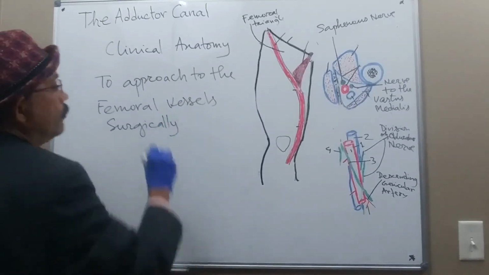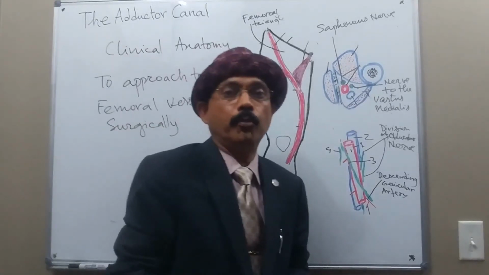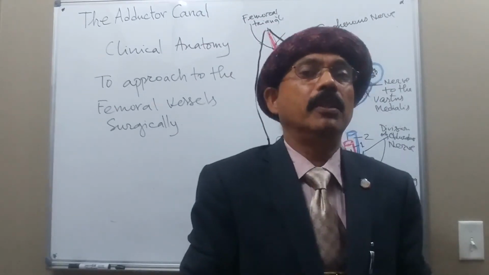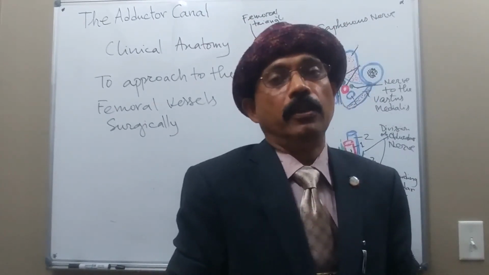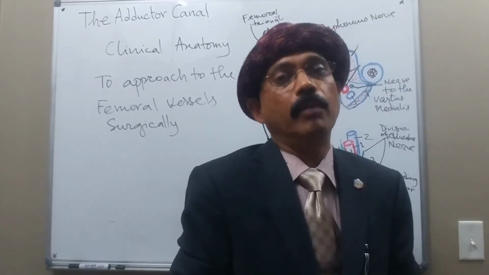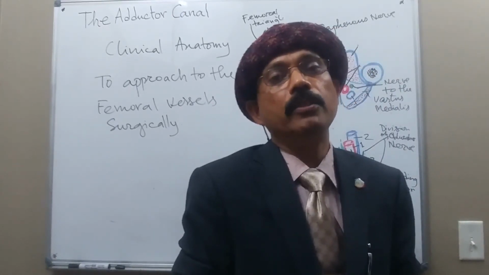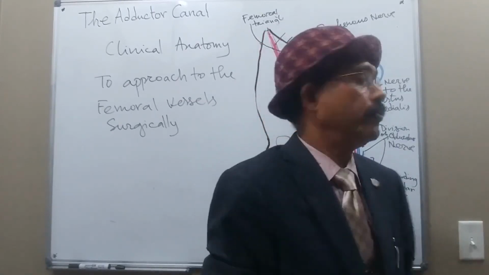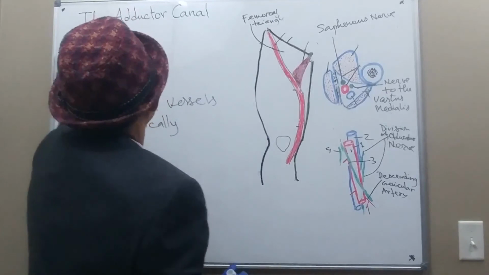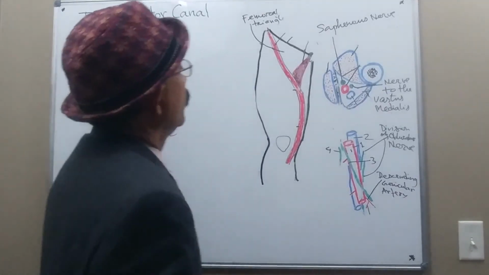Suppose we do surgery for a popliteal aneurysm, an abnormal dilatation in the popliteal artery. The femoral artery may be ligated, and there will be establishment of the genicular anastomosis.